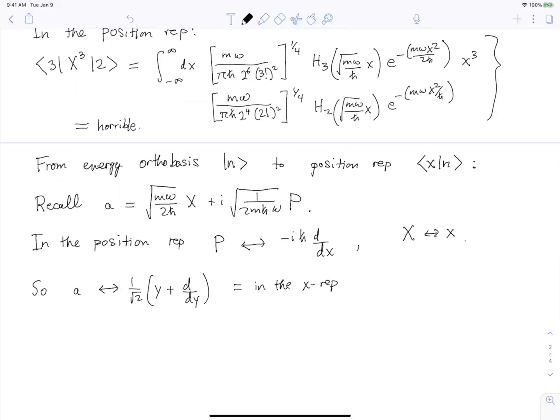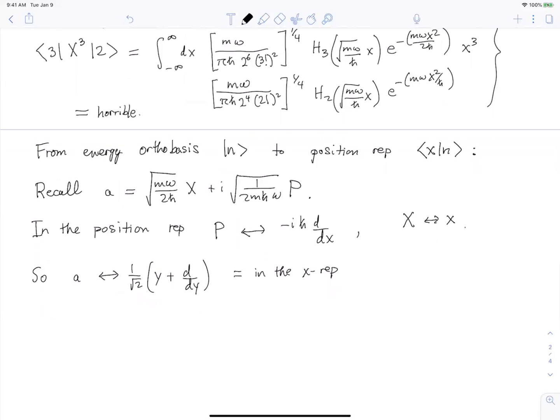But I've written it in terms of y. Recall y is just proportional to x. Okay, and then in the x representation means that this is going to be acting on wave functions psi n of x, which is <x|n>, or really, I guess we use the notation that we called this thing just n for short.